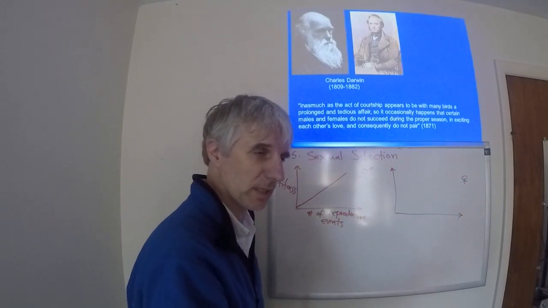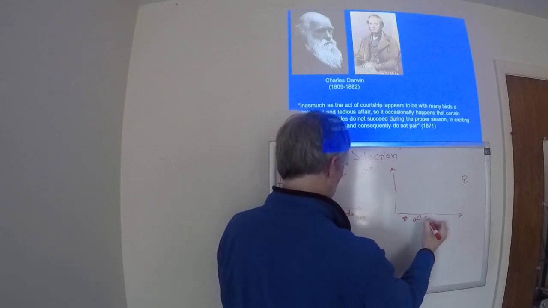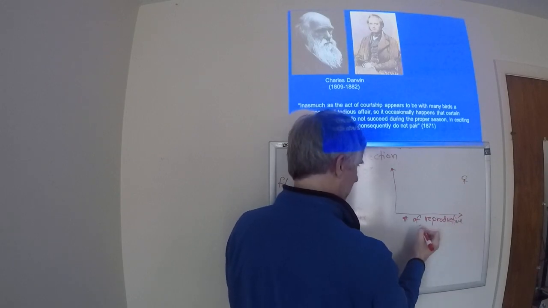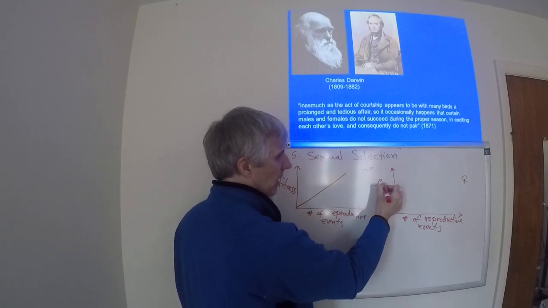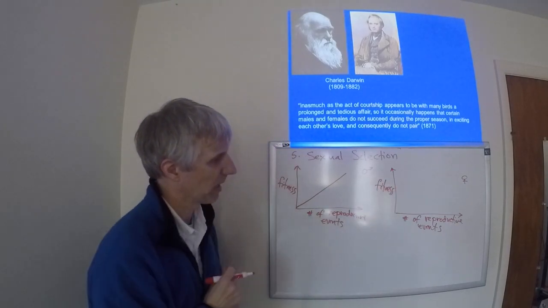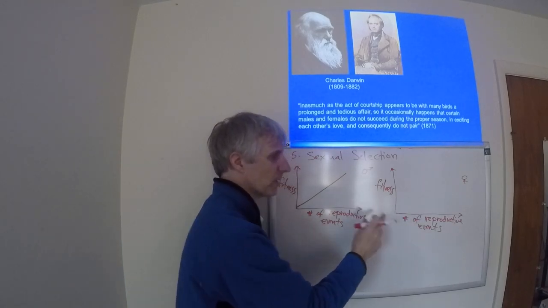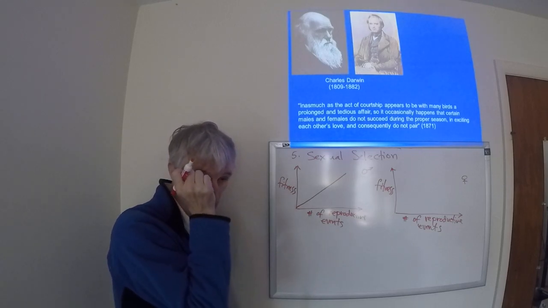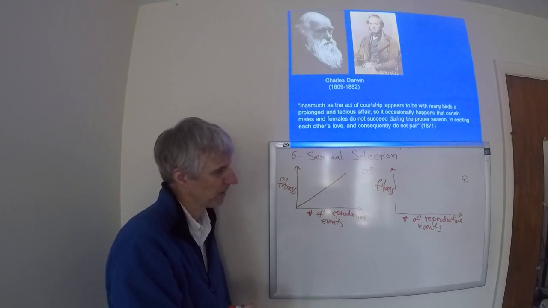Then Darwin considered the same relationship between these two variables, the number of reproductive events for females and the predicted fitness that occurs. And Darwin's argument is that this function is not the same as it is for males, that for females this relationship is decidedly different.